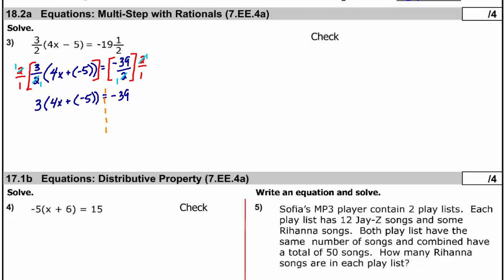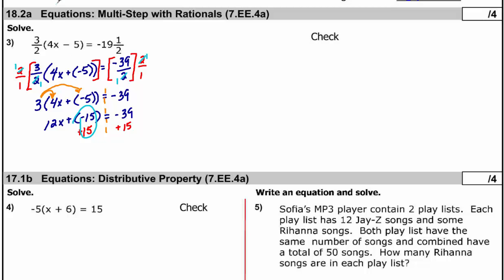All right, now we're ready to go ahead. We do the rainbow parts. All right, we're distributing now. So 3 times 4x is 12x, plus 3 times negative 5, negative 15, and all of that is equal to the negative 39. Step 1, add a 15 to both sides.